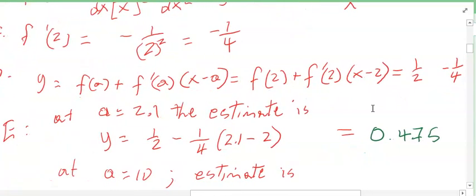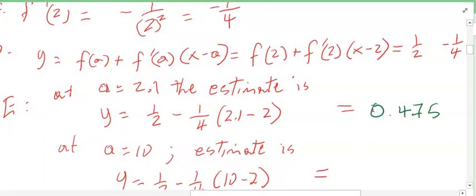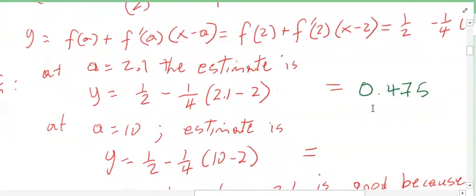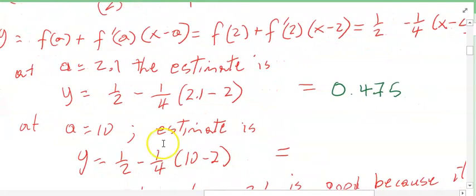Then for a equals 10, we plug in 10 where x was, so y is equal to 1/2 minus 1/4 times 10 minus 2, and that gives us on our calculator negative 1.5.